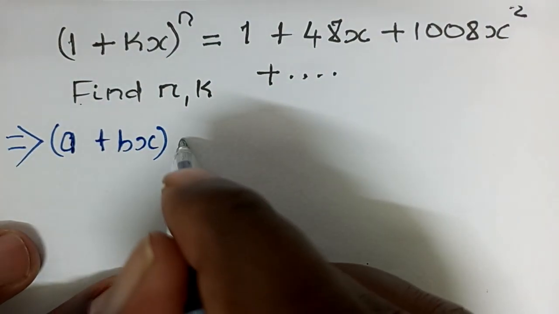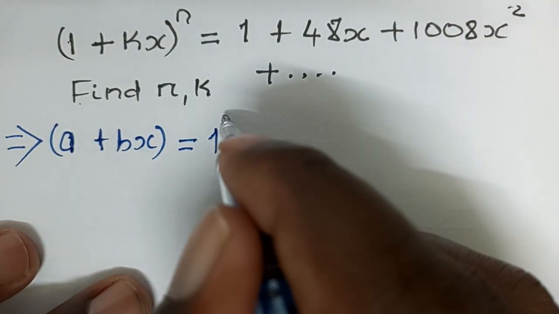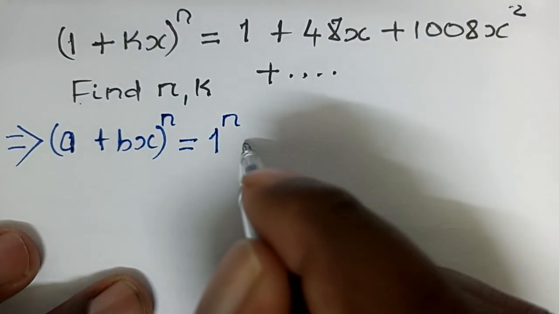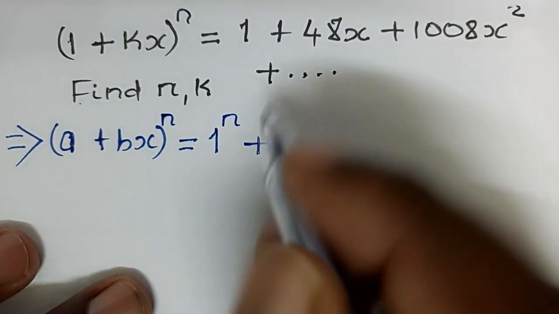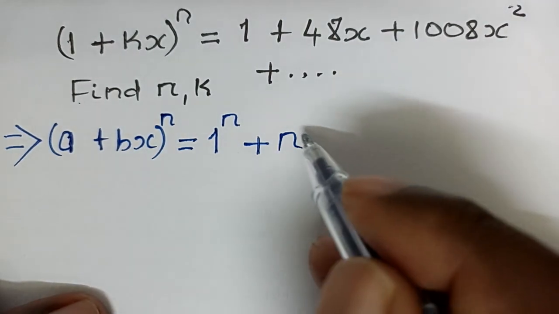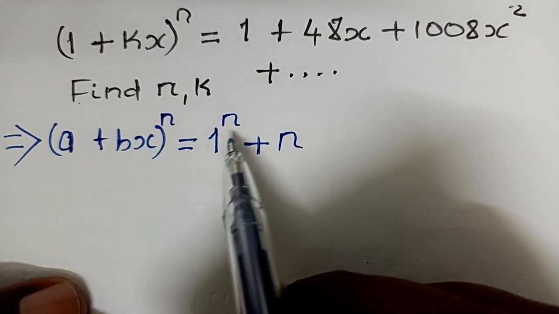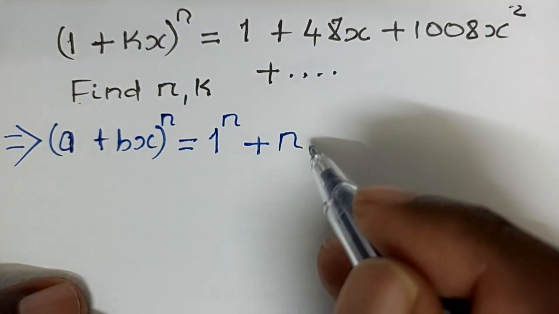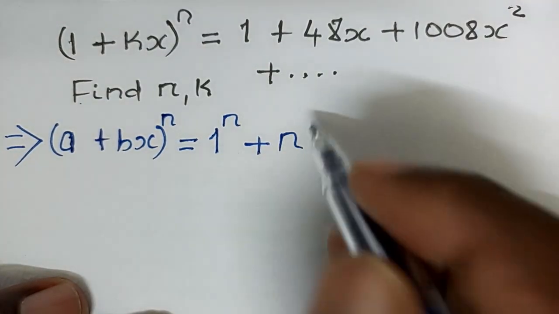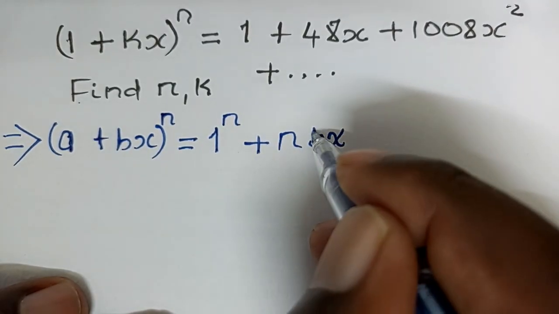So this gives us 1 raised to n, plus n times 1 again raised to n minus 1, of which 1 raised to any number will still be 1, so I can leave the 1. And I continue on now to bx.